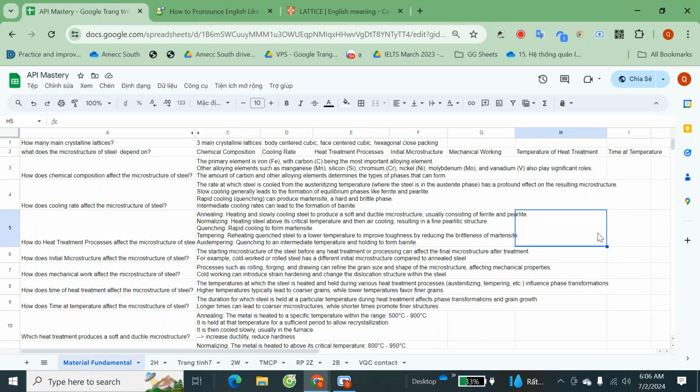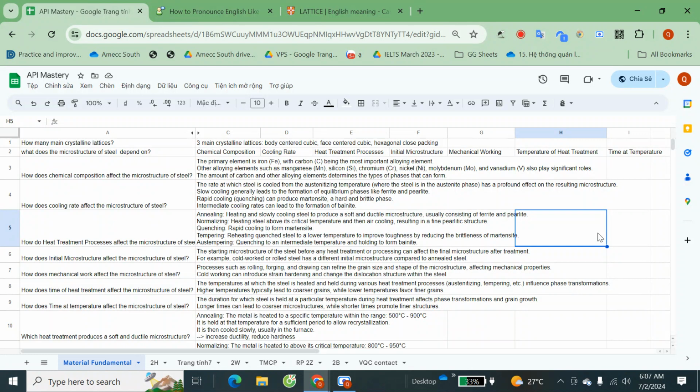Rapid cooling or quenching can produce martensite, a hard and brittle phase. Intermediate cooling rates can lead to the formation of bainite.